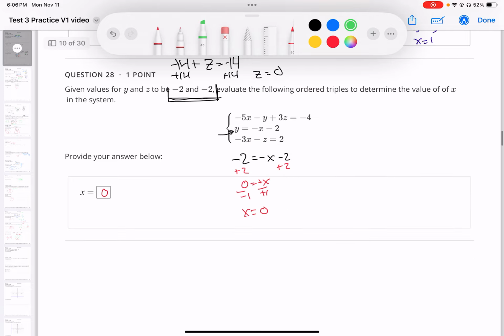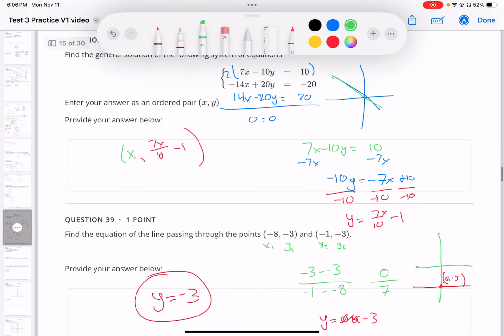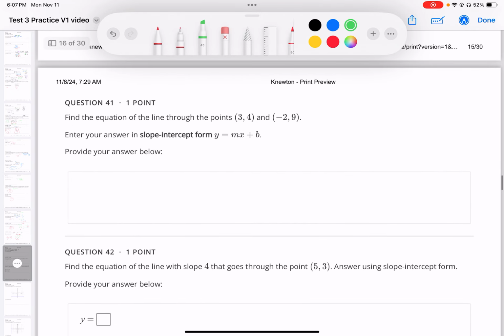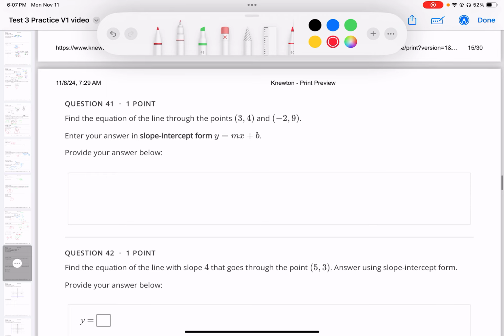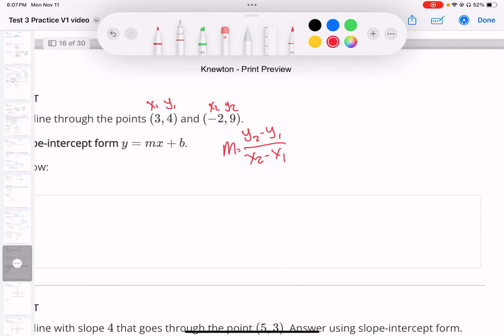Okay, so let's go back to 40, where we left off, or 41. All right, so I can calculate slope by doing y2 minus y1 over x2 minus x1. So x1, y1, x2, y2.